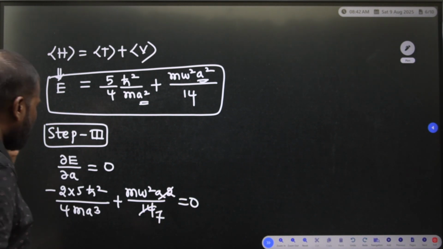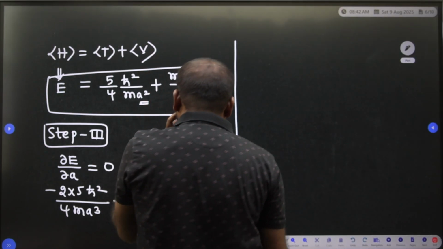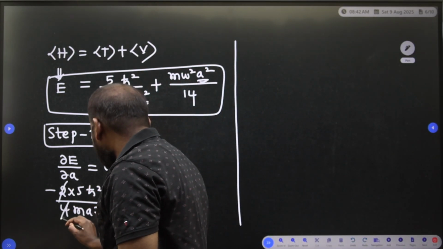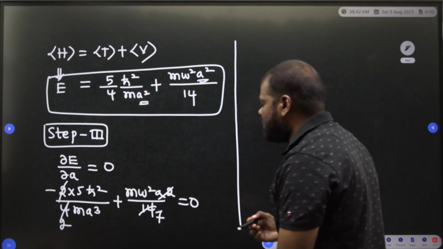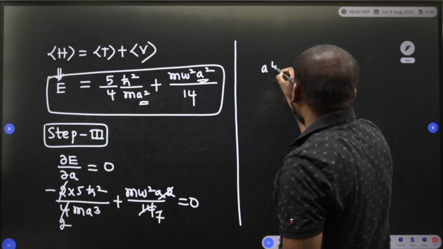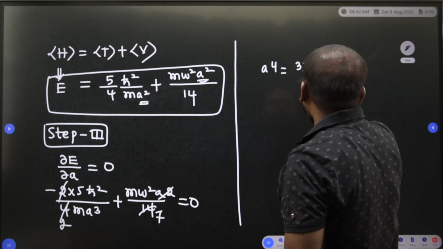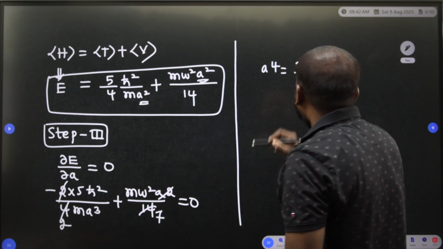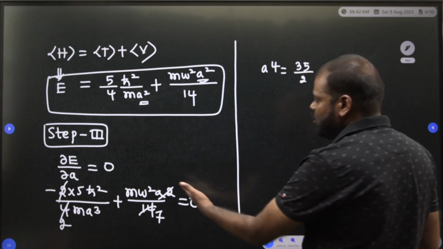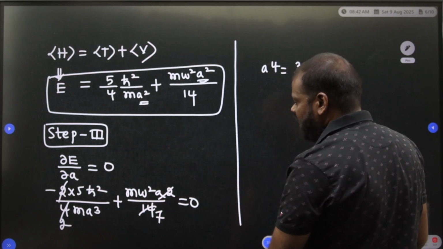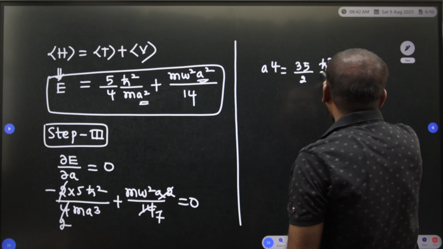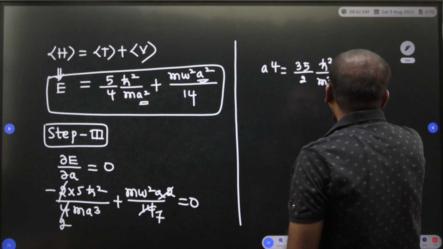So now you have to cross multiply, and you are going to get a to the power of 4. So how much are you going to get? a to the power of 4 is equal to 35 divided by 2 into h cut square divided by m square omega square.